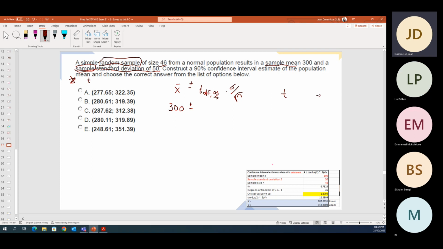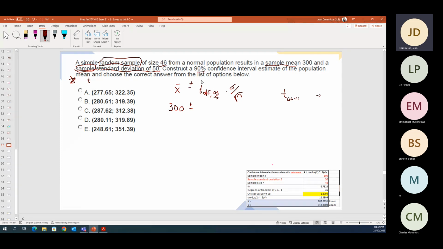So simple random sample of 46. So we know that for the degrees of freedom, that is 46 minus 1. And then we need to see 90% confidence interval. So if we're working with alpha divided by 2, that alpha is equal to 1 minus 90%, which is equal to 10%.